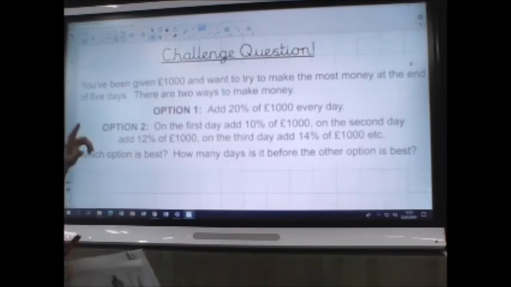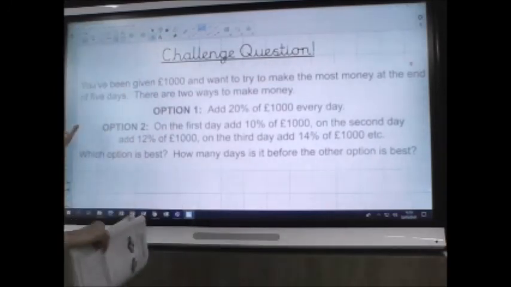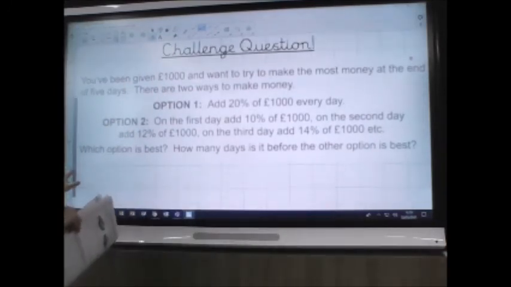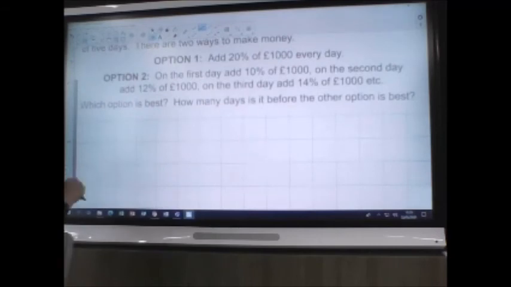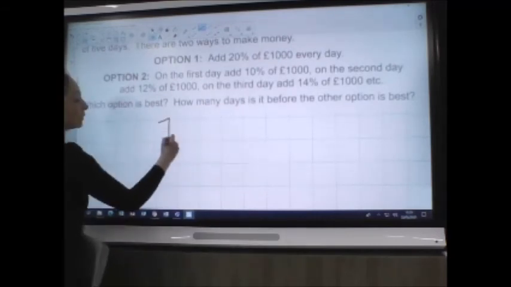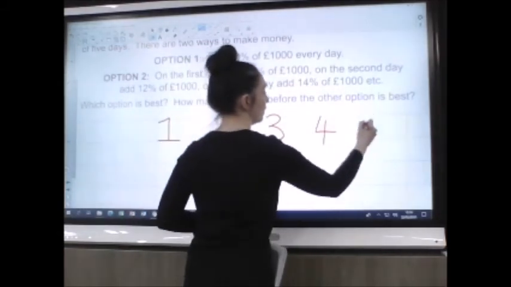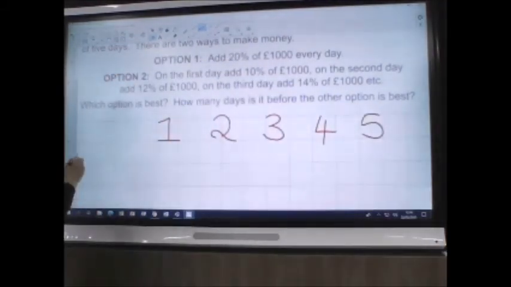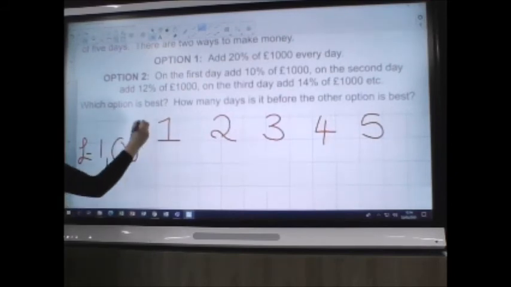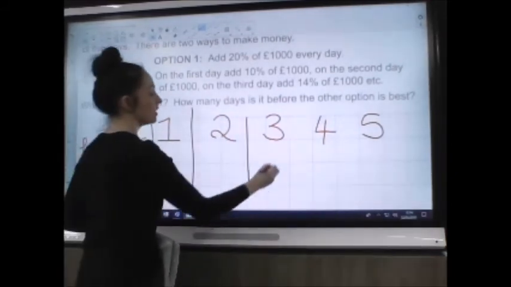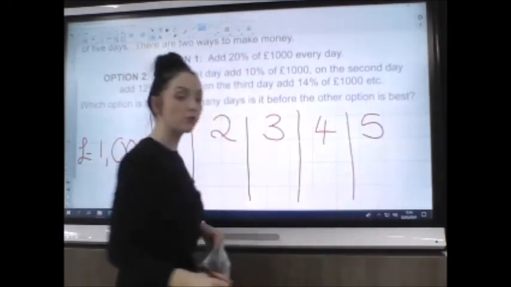Okay, so if I was you, I would write it out. So draw yourself a little table. So you've got 5 days, so 1, 2, 3, 4, 5. So you've got £1,000. And then I'd go along and add on the 20% each day for option 1.